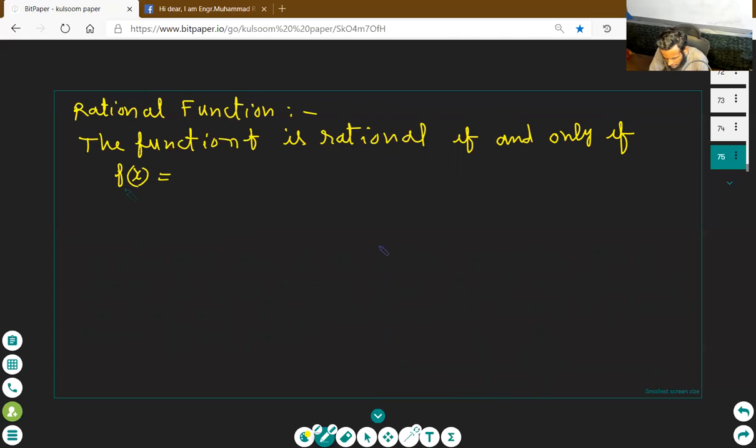Okay, rational function: P of x over Q of x, where P of x and Q of x are both polynomials. It is a ratio of two polynomials.